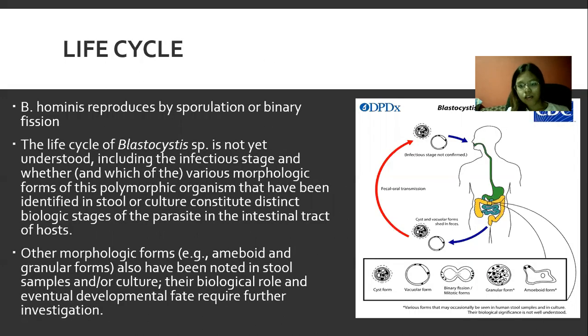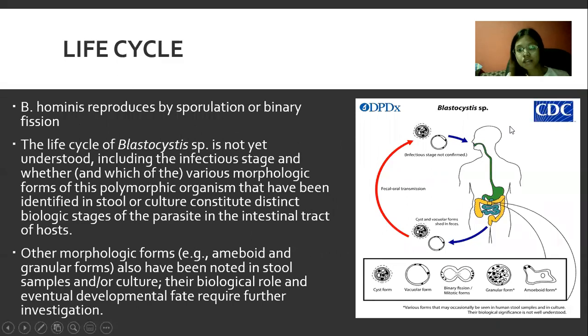For the life cycle, it is still not fully understood in Blastocystis hominis. But what the CDC reports is that Blastocystis hominis reproduces by sporulation or by binary fission. It is still not fully understood until now.